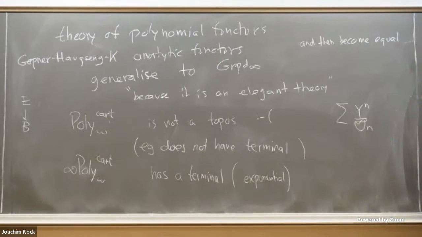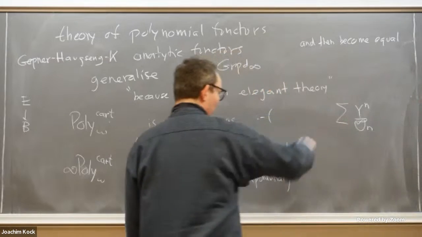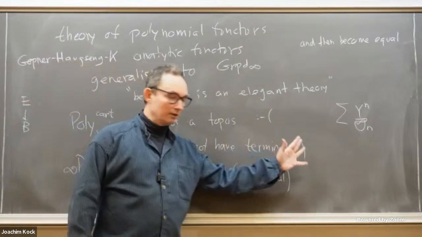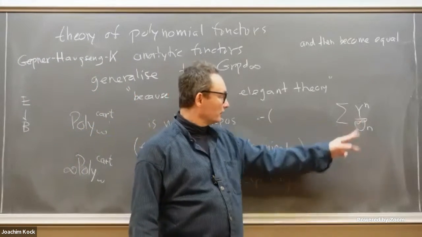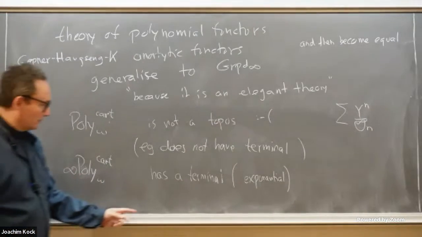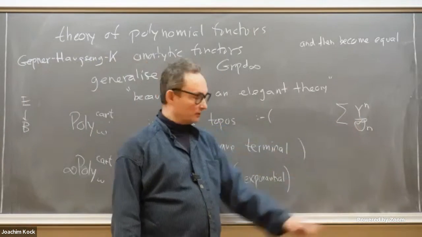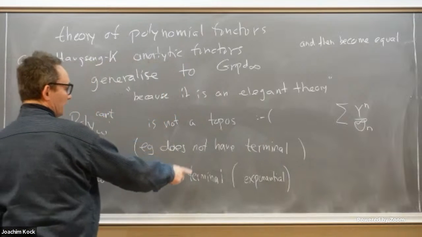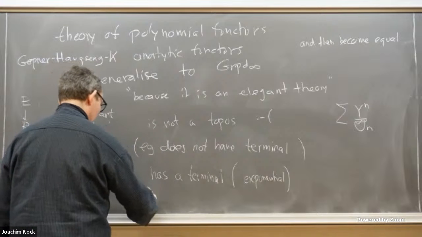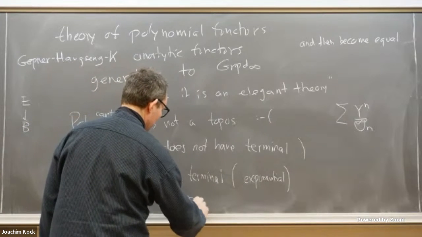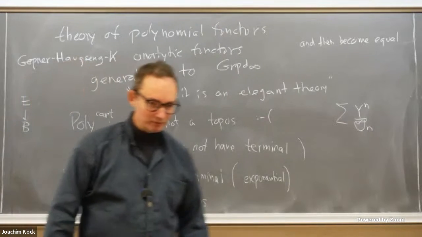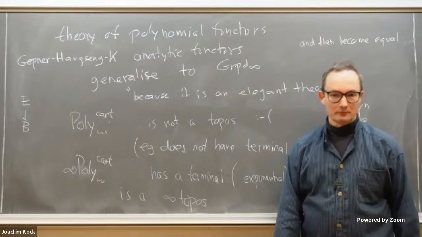That's the exponential, and now that's terminal. It should have been terminal all the time, but the problem with colimits prevents this from being true in the category of sets. But if you go to a homotopical setting, then it is terminal. That's very nice. Of course, that does not prove it, but it is true that this is a topos. And of course, I need infinity here. And that was the last word of the talk.